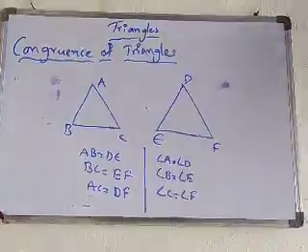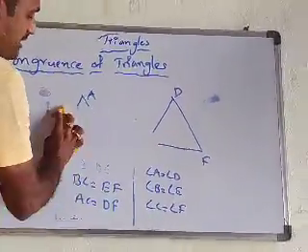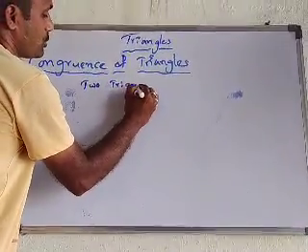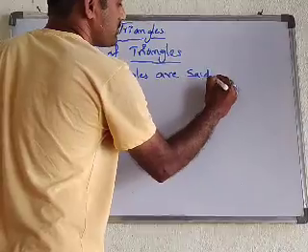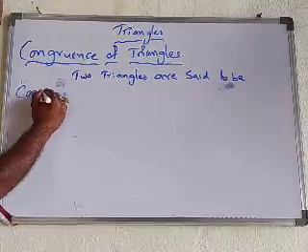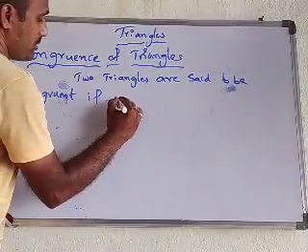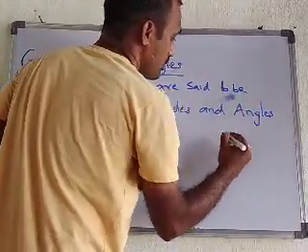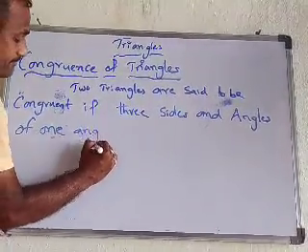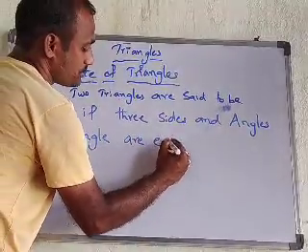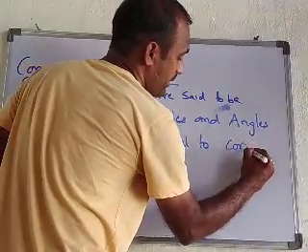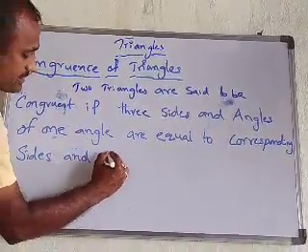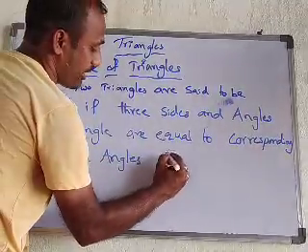So by definition we can write the congruency of triangles as: two triangles are said to be congruent if three sides and angles of one triangle are equal to corresponding sides and angles of another triangle.